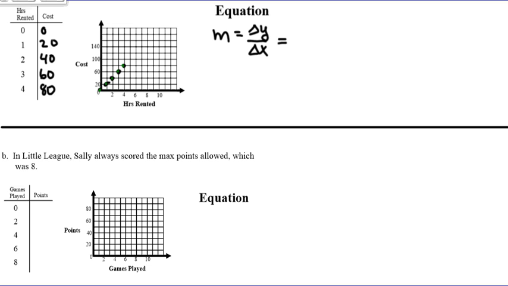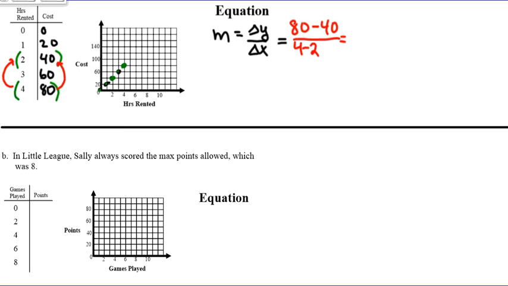So look at, here they are here too. There's our (2, 40) point and there's (4, 80). So those are the two points I'm going to focus on. Well, how do I calculate slope? Change in y's. I'm going to go my y's, 80 minus 40, over change in my x's, same order, 4 minus 2.